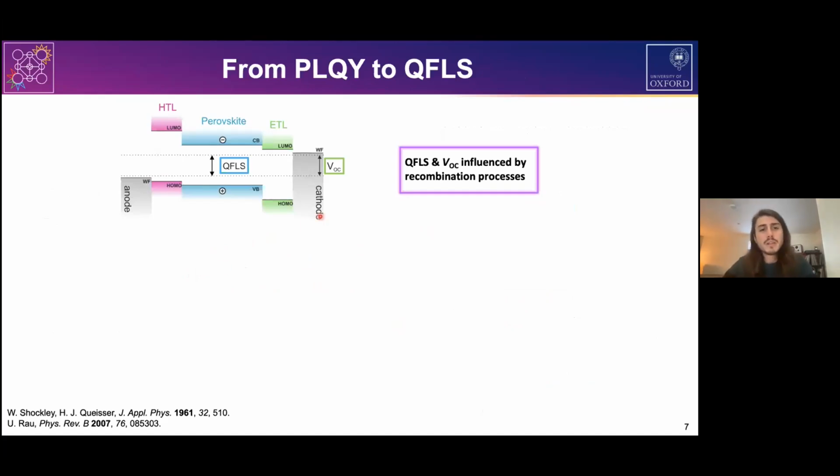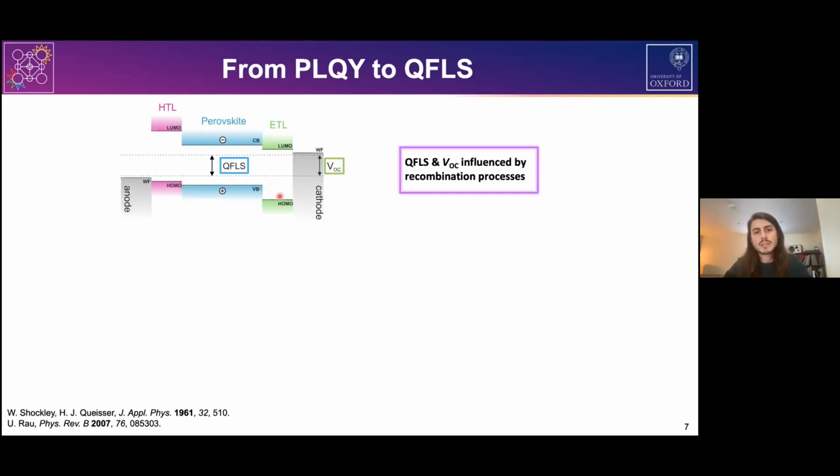Ideally, the internal quasi-Fermi level splitting should be equal to the VOC that we have in our device. And we see that both quantities are influenced by non-radiative recombination processes. So if we want to study the recombination mechanism happening in our device, we should be able to access these two quantities.